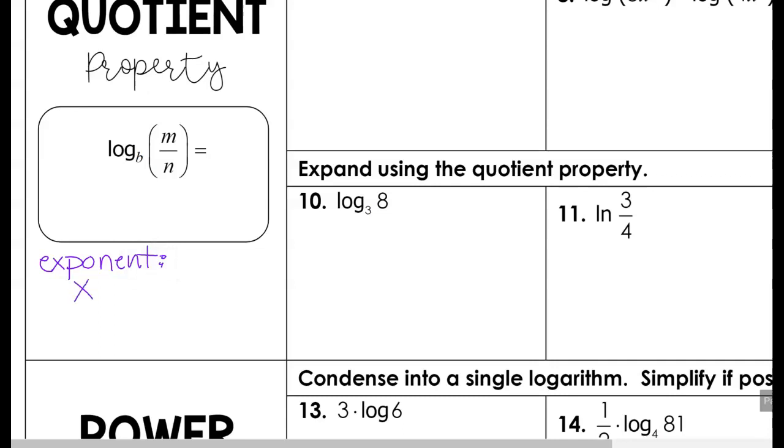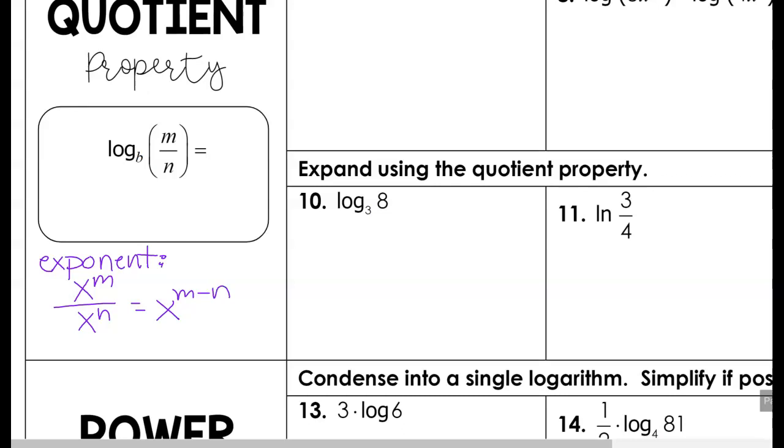If you have x to the m power over x to the n power, how can you simplify this? Now which one comes first, the m or the n? The numerator exponent goes first minus the denominator's exponent.